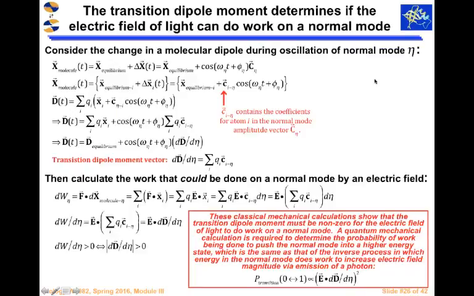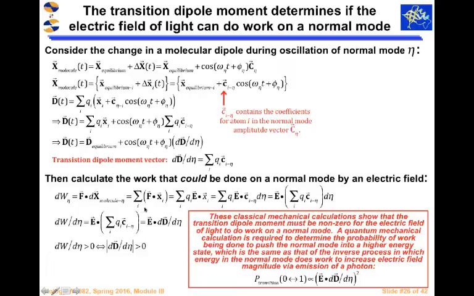And so this transition dipole moment captures the change in the molecular dipole moment along the normal mode coordinate. It's calculated quite simply. We'll go through the math later, but it's a simple term in the end. It's the sum over the individual charges times their amplitude vectors in the normal mode. That's pretty easily calculated.